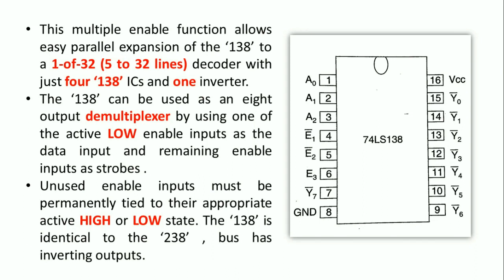By using that, this 74LS138 can be used as an 8 output demultiplexer. And here the unused enable inputs must be permanently tied to their appropriate active high or active low state. Generally, this 74LS138 decoder is identical to the 238 decoder.